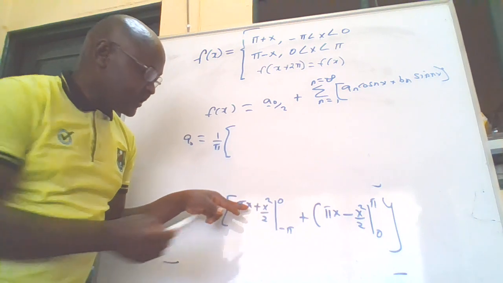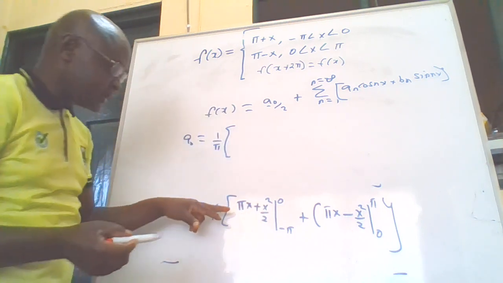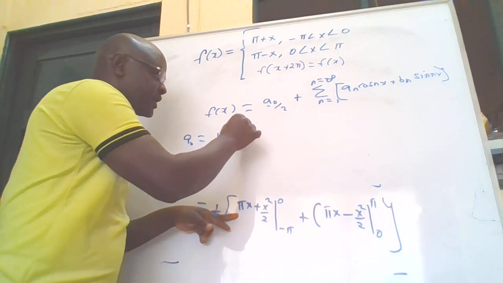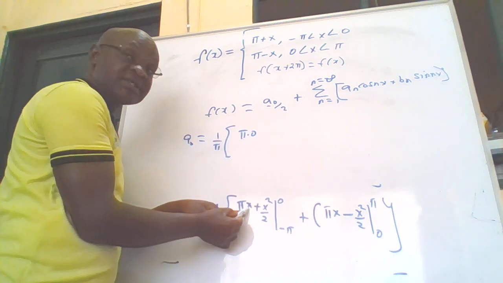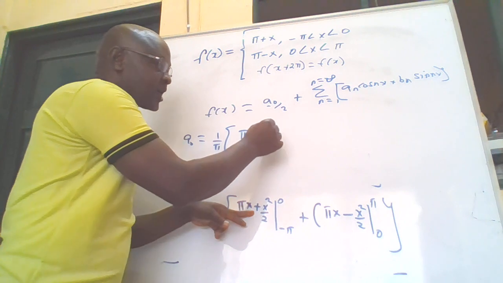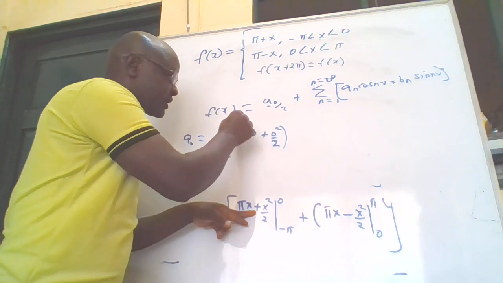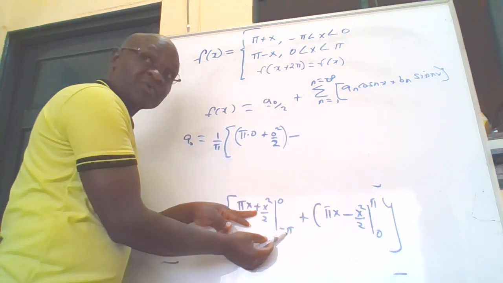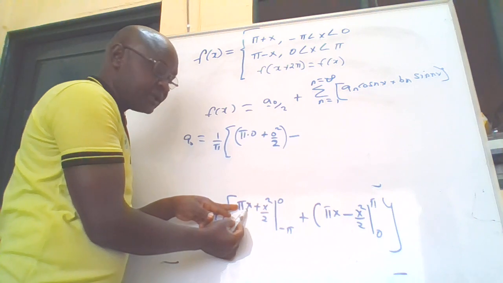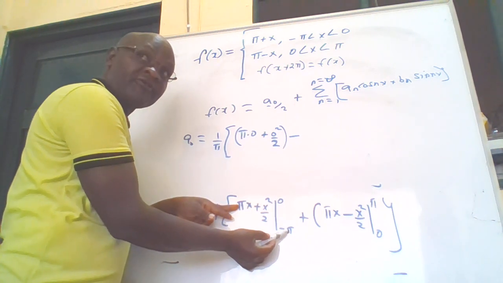where there is x, we substitute with 0. We take the upper limit minus the lower limit. So we shall have here pi times 0, then plus 0 squared all over 2, then we close the bracket, then minus, we now substitute the lower limit. When there is x, we put there negative pi.